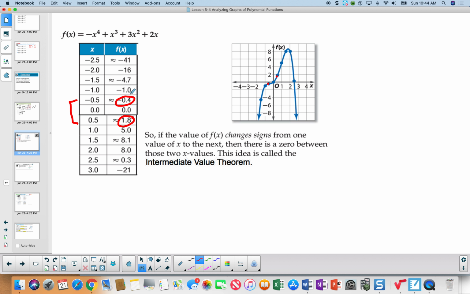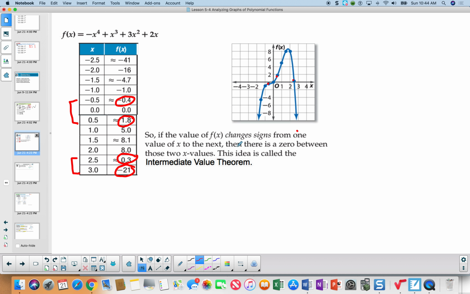Intermediate means a value in between a negative and a positive, and that's what's happening right here. It also happens over here between these two x values. So between 2.5, which is right here, and 3, which was way down here where we couldn't see it, notice that these y values are going from positive to negative. So there must be an intermediate value, a y value between a positive and a negative, and that is 0.